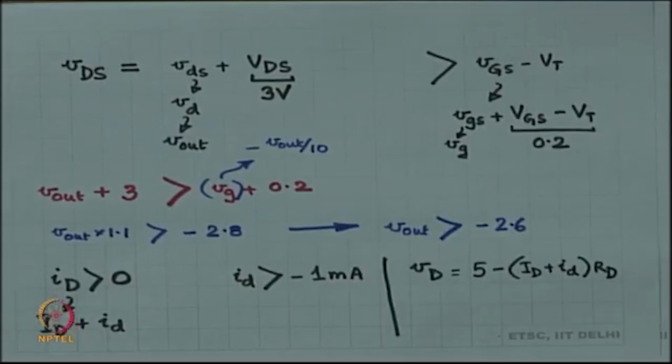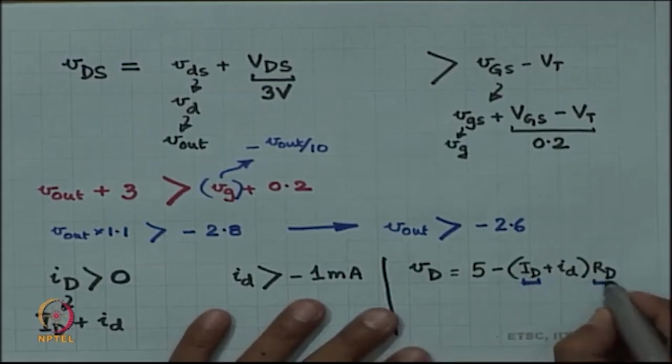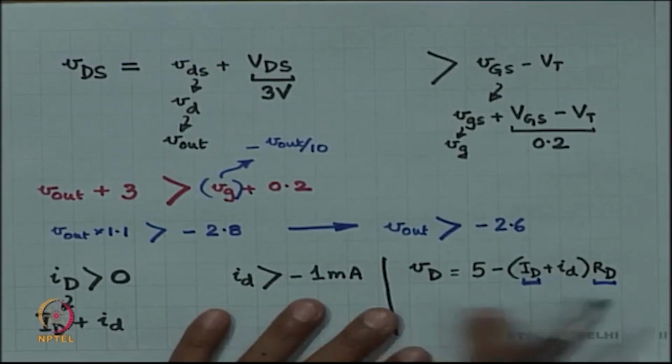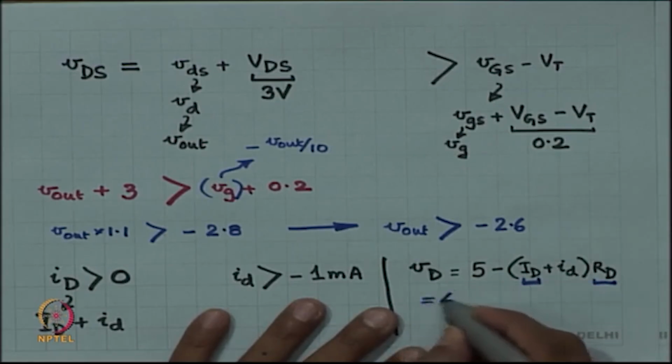Okay. And now, this is 1 milliampere, this is 1 K. So, 1 milliampere and 1 K is 1 volt, 5 minus 1 volt is 4 volt, minus small ID times RD.